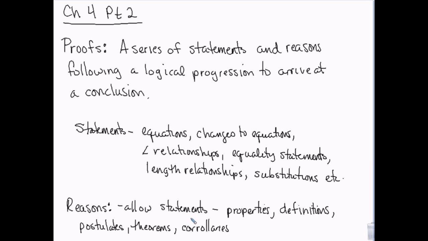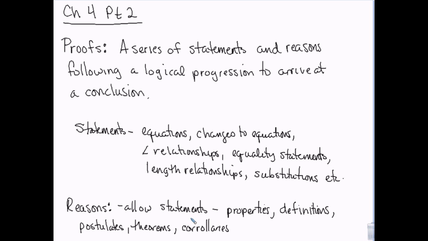Okay. Now the postulates are things that we accept as true without proof. You know, like the corresponding angles in the parallel line postulate where the corresponding angles were congruent. Theorems are the things that we've talked about, the other angle relationships that we've had.